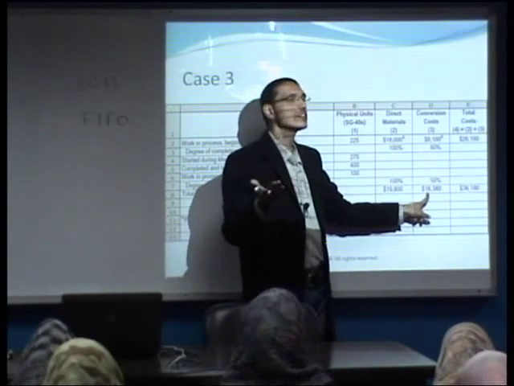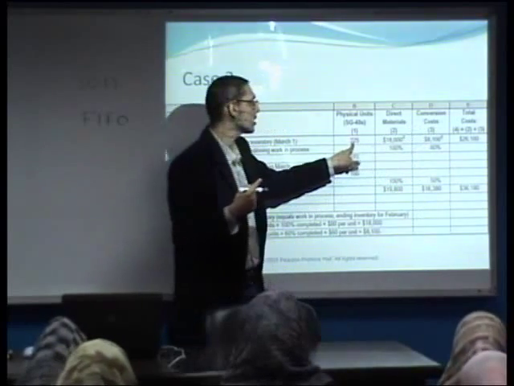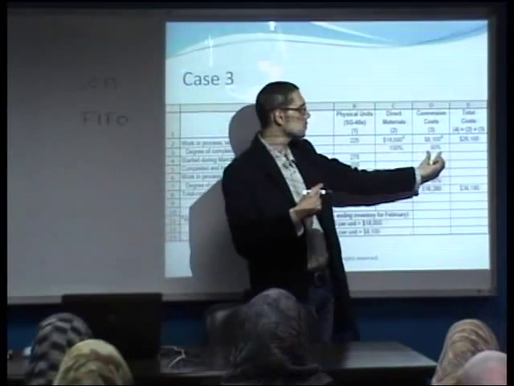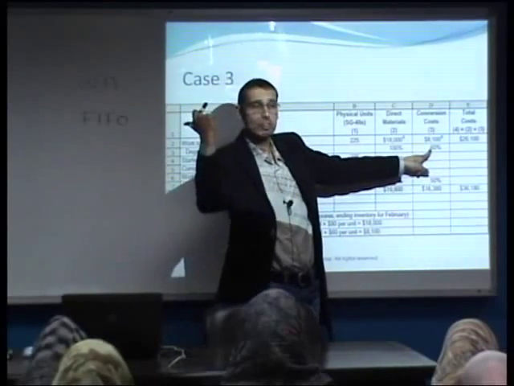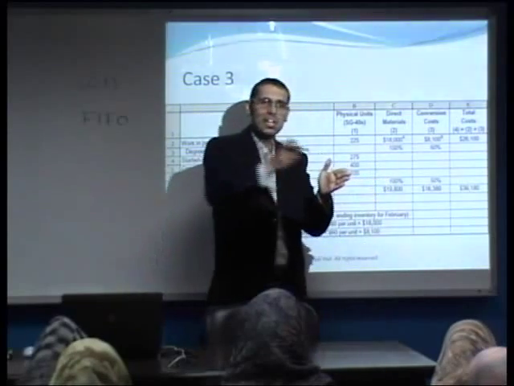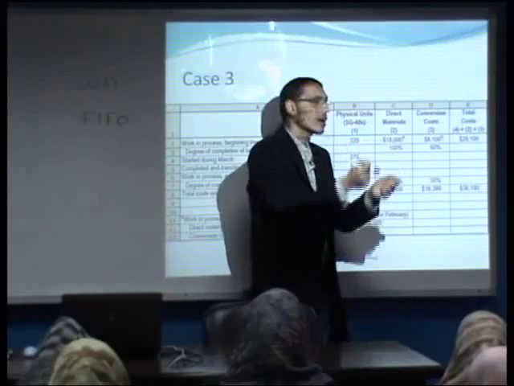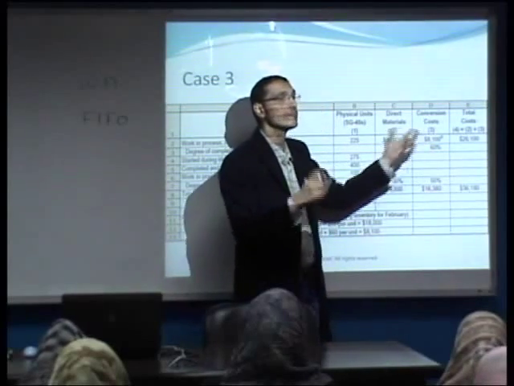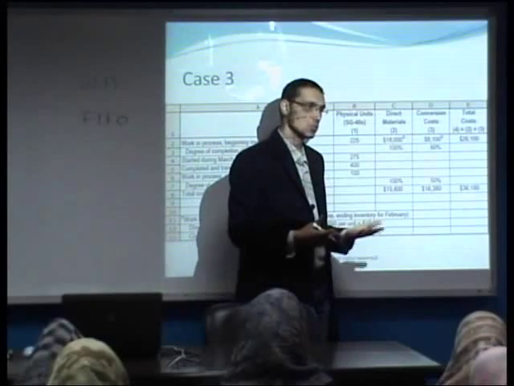This amount is related to what? First of all, to complete the 225, to complete the 40% that is still remaining, because the 60% was incurred in the previous month. Therefore, in this month, we are going to complete from where we stopped. We are going only to incur 40% in order to convert these unfinished goods into finished or completed goods.